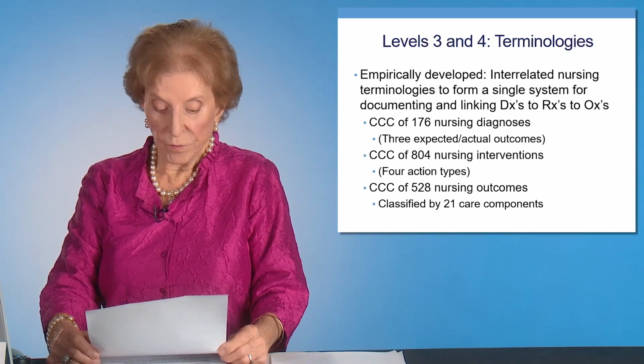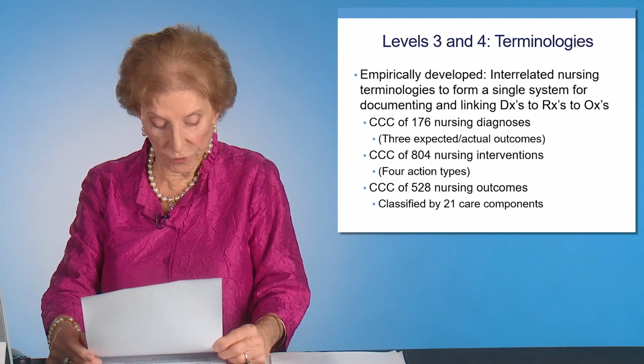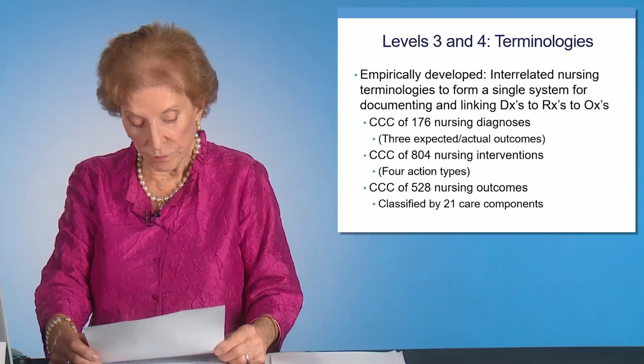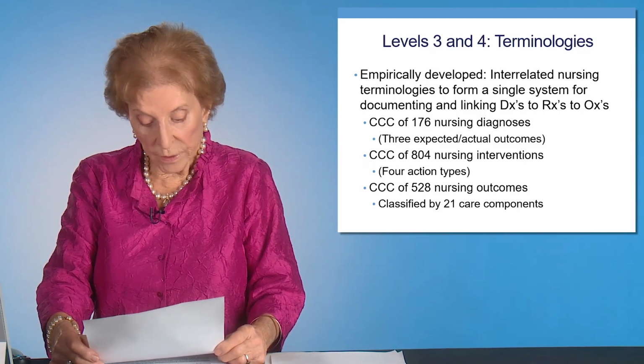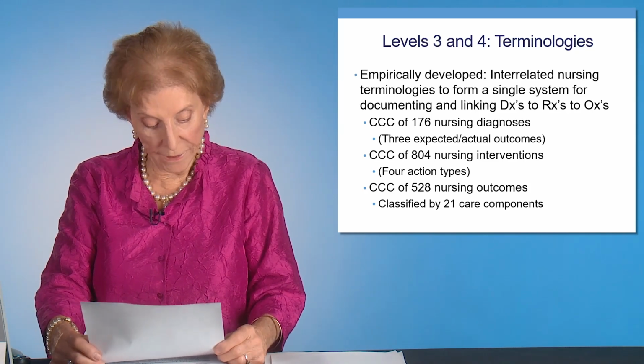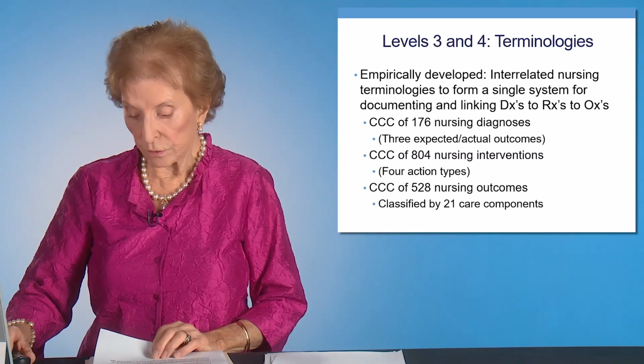And finally, the 4th level represents the 2 sets of qualifiers that I mentioned that describe a hierarchical structure for coding the concepts that are represented by the 4 action type qualifiers and the 3 outcome qualifiers.